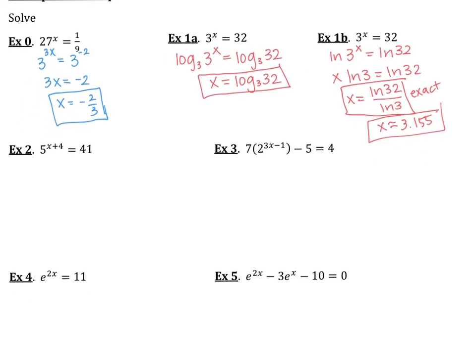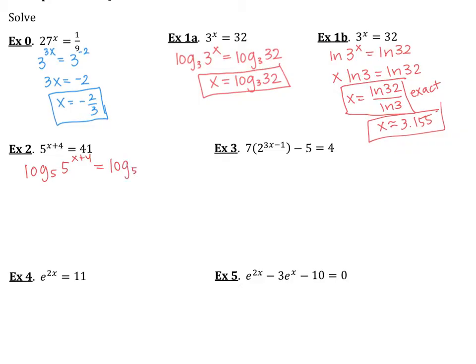Because in the past most people have done it the first way, I'm going to do it the first way, but in class I might do it both ways depending on what you guys tell me. Okay, so 5 to the x plus 4 equals 41. Since the base is a 5, I'm going to do the log base 5 on both sides. This method's also good if you are not using a calculator to get an approximation.